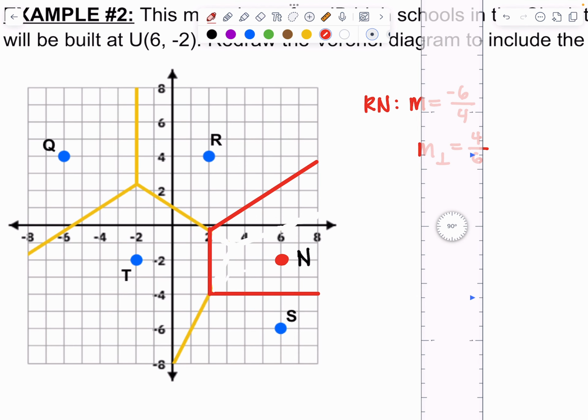And I know that these Voronoi bisectors here will stay. All right. So now that is my new Voronoi diagram to keep all of these separated.